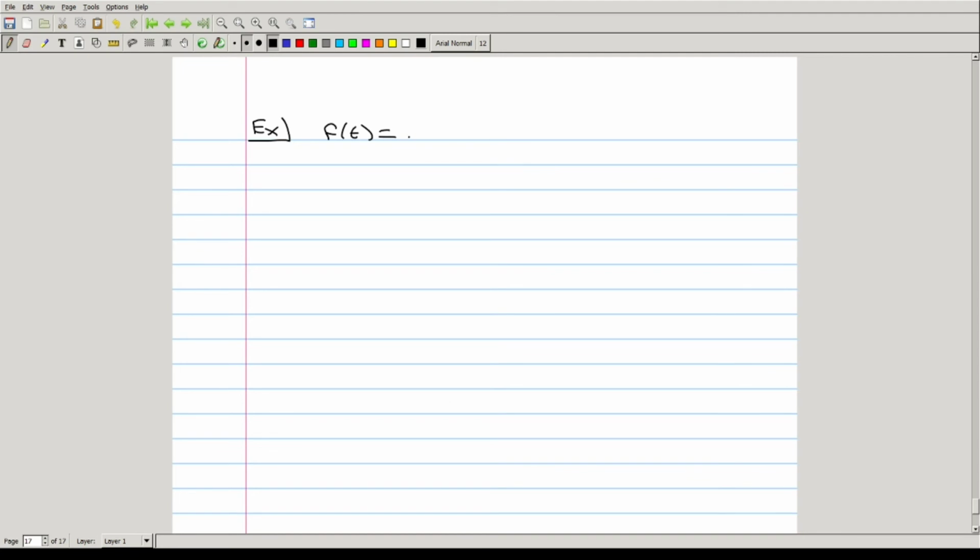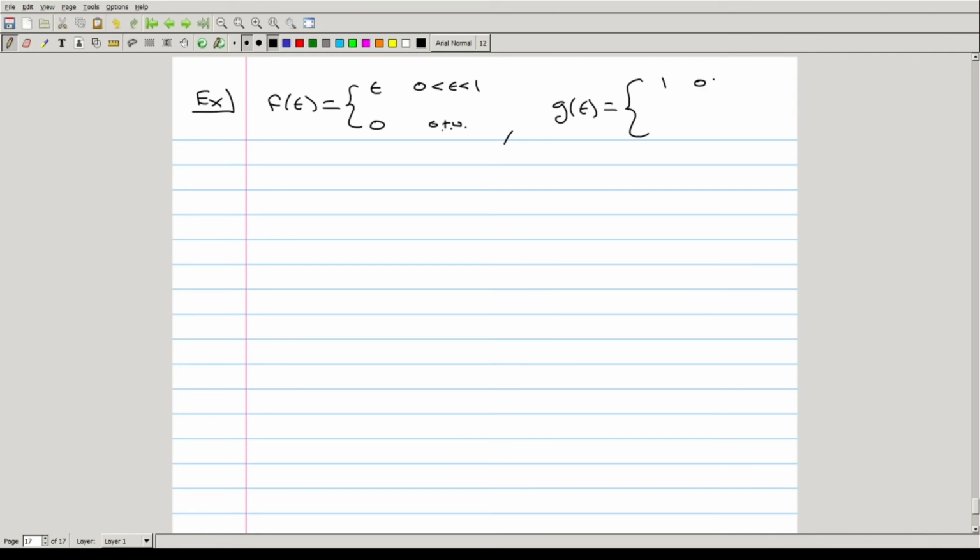We'll look at f of t equal to the function t from 0 to 1 and 0 otherwise, and take the function g of t to just be the constant function 1 on the interval from 0 to 1 and 0 otherwise.